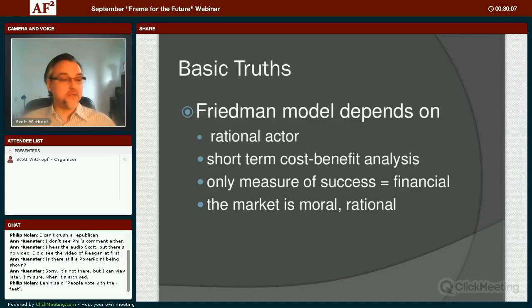And we all know that in the free market, when left to its own devices, as we've seen through multiple financial meltdowns, people act upon greed and self-interest, and not in the best interest, not only of themselves, but anyone else. So those basic truths need to be spoken, and the progressive frame of government helps us do that.